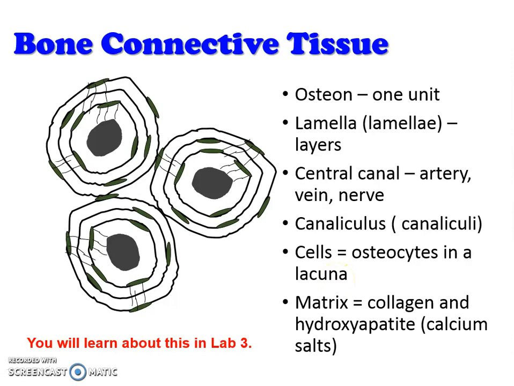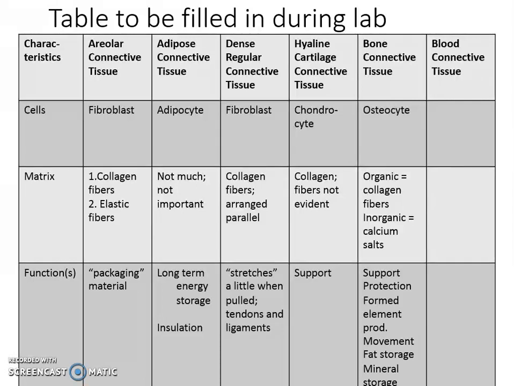And then the matrix is all that non-living stuff that's going to be surrounding the cells. And bone connective tissue matrix is going to be made up of collagen and hydroxyapatite, which we will talk more about when we get into lecture, but it's a calcium and phosphorus compound that's going to make bone very rigid and tough.